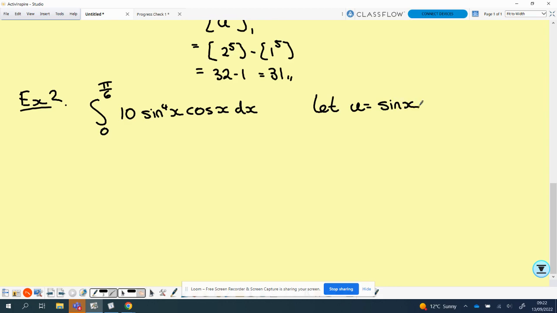Okay, so again, first step is we're just going to differentiate u. So du by dx was going to give me cos x. Therefore, for dx, I'm going to get du divided by cos x. Okay, right, we also need to get our new limits.